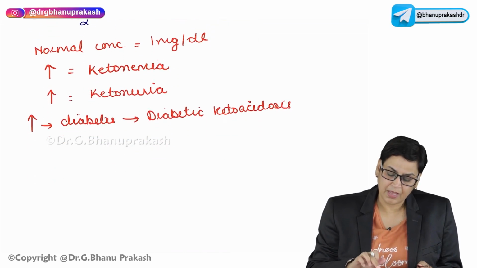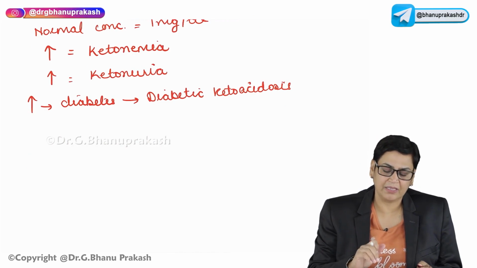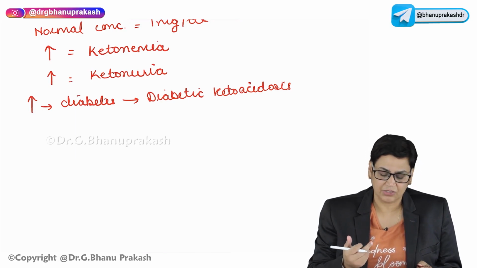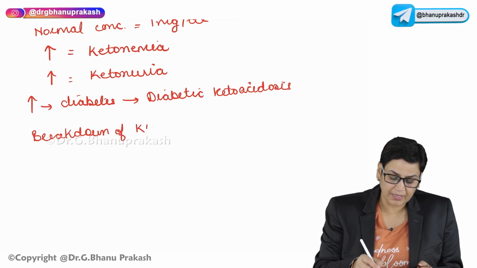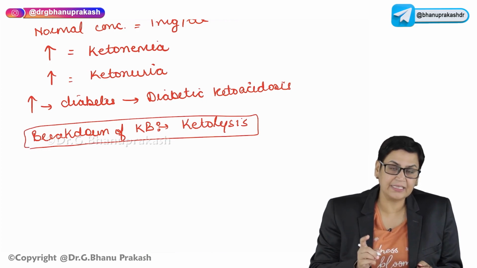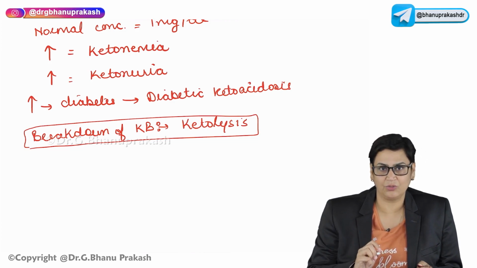Now see, always remember whenever we talk about metabolism, this is the anabolic part. Whenever ketone bodies have to give energy, they have to break. So breakdown of ketone bodies is known as ketolysis. So ketogenesis is synthesis of ketone bodies, ketolysis is breakdown of ketone bodies.